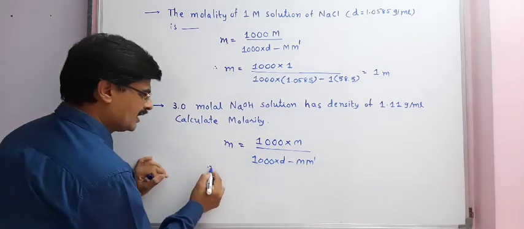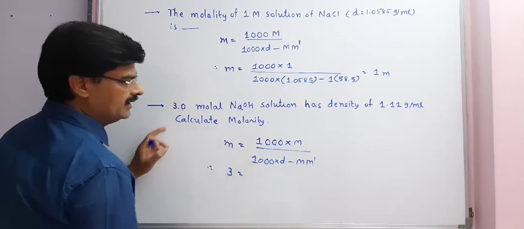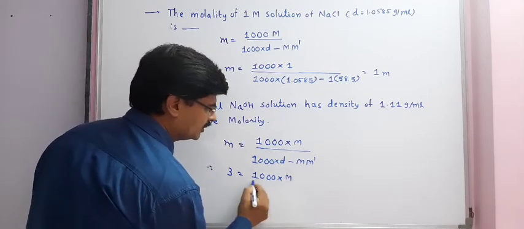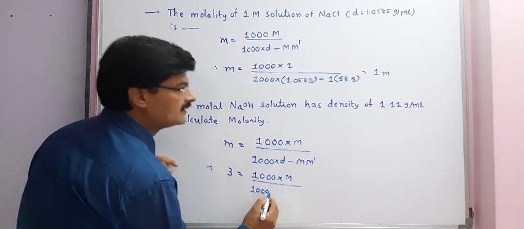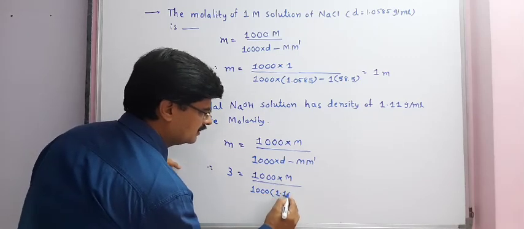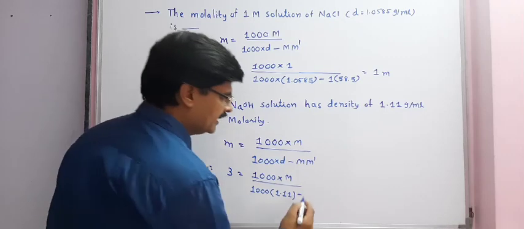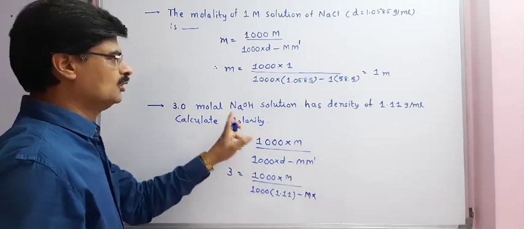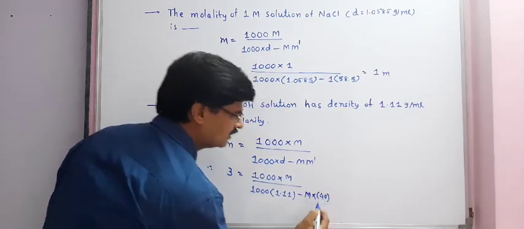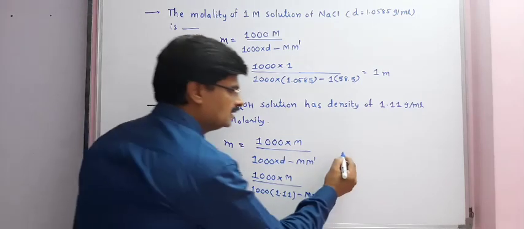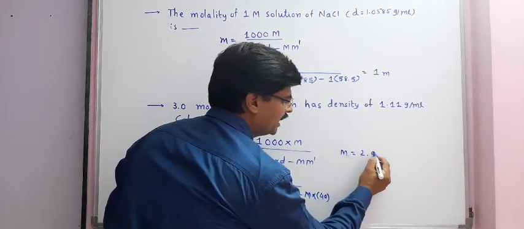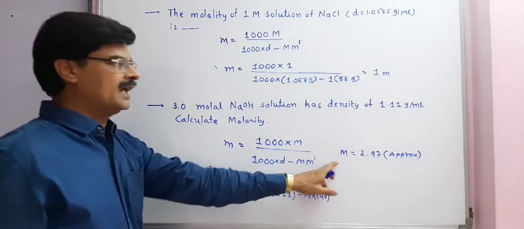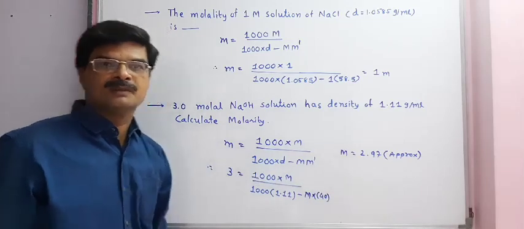Keeping the values, molarity 3, is equal to 1000 into molarity 3, divided by 1000 into density 1.11 minus 3 into molar mass of NaOH, which is 40. When we solve this, molality comes out to be approximately 2.97. Molality is equal to 2.97 approximately.